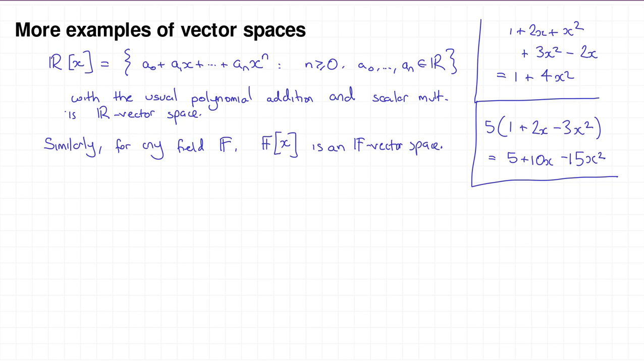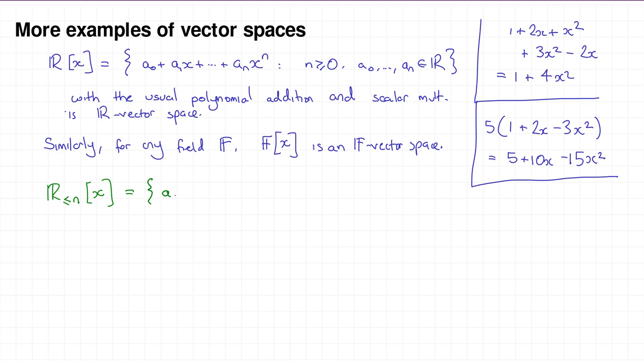Let's now look at a slight variant on this example. So the notation we're going to use is R less than or equal to n of x. So again, we can replace the real numbers with any field you like. So R less than or equal to n of x means the set of all polynomials whose degree is at most n.